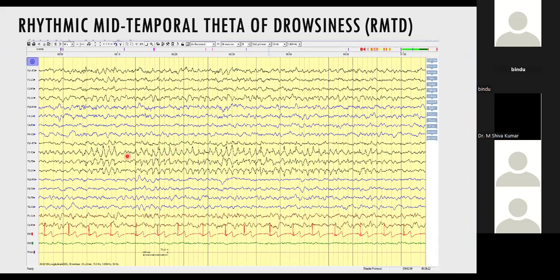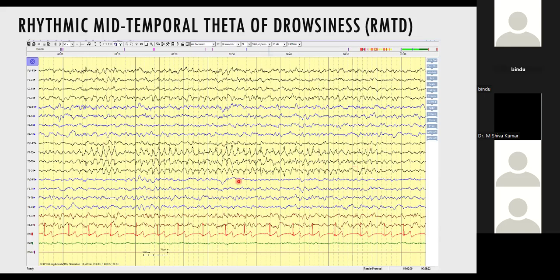Here we can see a monomorphic 5 to 6 hertz rhythm in the left temporal region, seeming to be like a theta rhythm, but this will have a sudden onset and a sudden offset without changing of background, and mainly in mid-temporal regions.